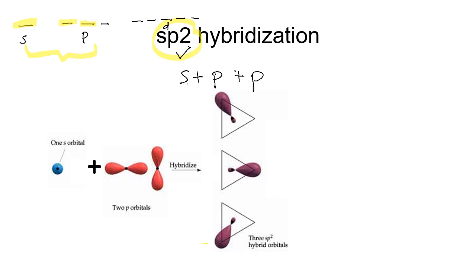Okay. So 1 s orbital, 1s ini, and then 2p orbital, 1, 2. And then kamu akan dapat 3 kan? 3 new orbital which is sp2 nama dia. sp2 ni adalah nama of the new orbital tu. And you have 3. 1, 2, 3.